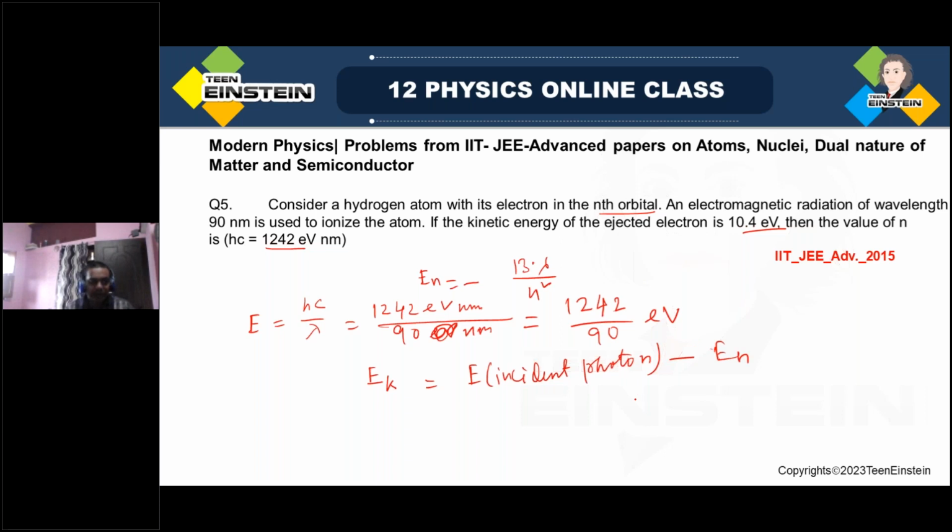So that will actually be this 10.4 electron volt. So EK is 10.4 electron volt, which is given. The incident radiation energy we know, and this is minus 13.6 by n square. So that's how it is.